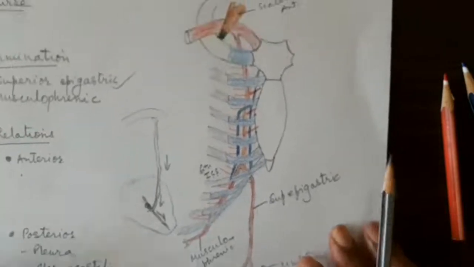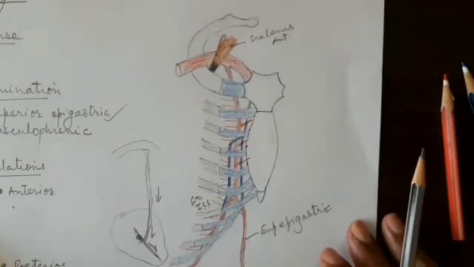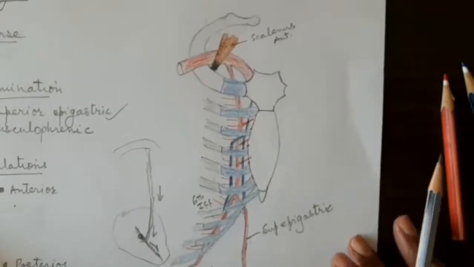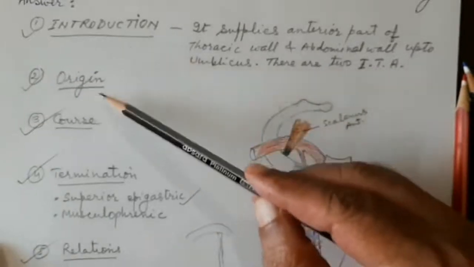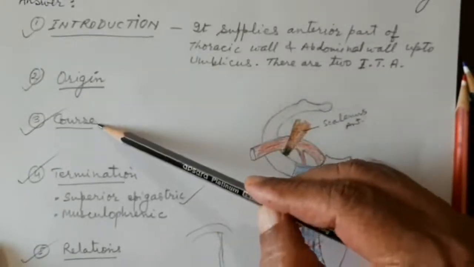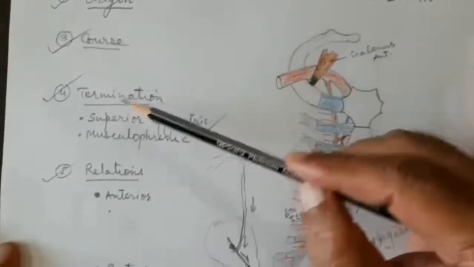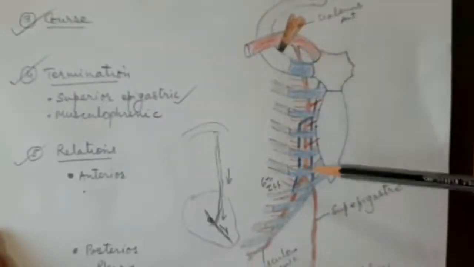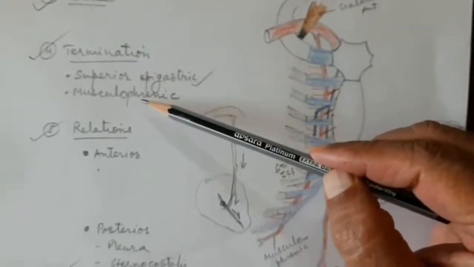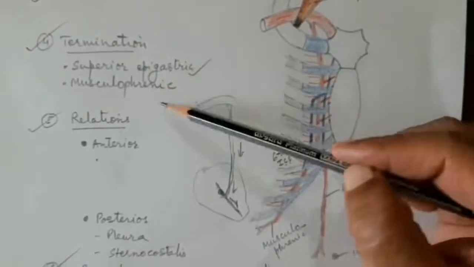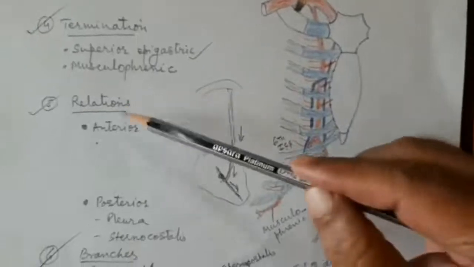This completes a short note on the internal thoracic artery. We have covered the internal thoracic artery as an introduction. We have seen its origin and its course from the root of the neck to the sixth intercostal space, where it divides into two terminal branches, superior epigastric and musculophrenic.